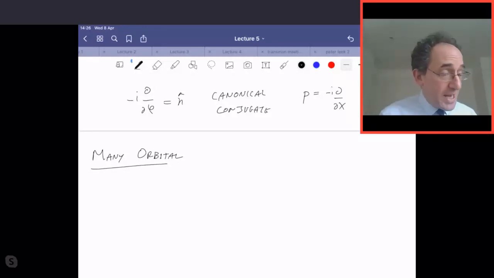We can make bosons on any one we want, and we can have correspondingly raising and lowering operators, creation and annihilation operators, for each site.